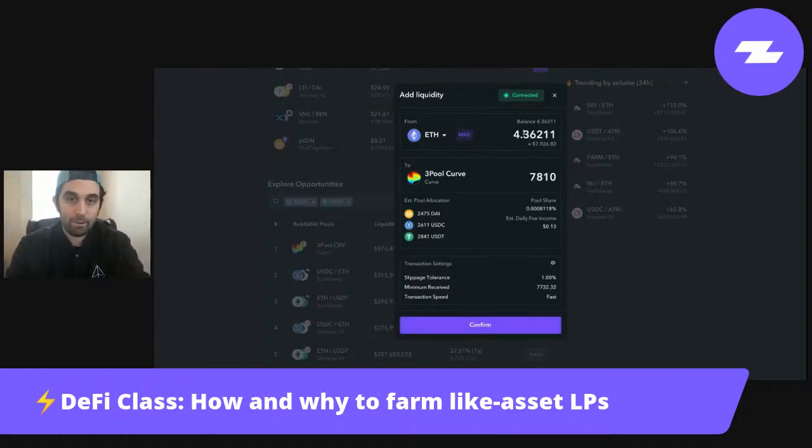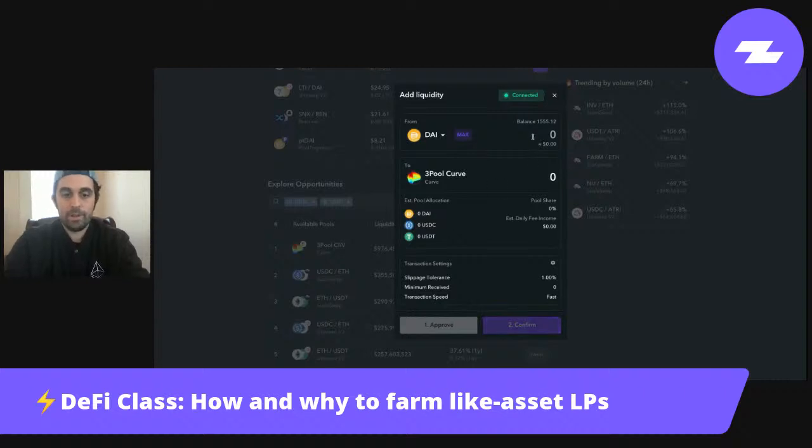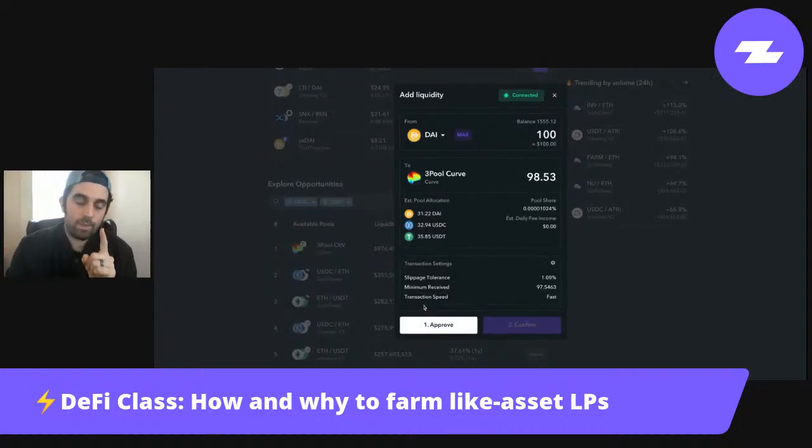So I could put in Ether, or I could choose DAI and put in 100 DAI. Once we approve spending my DAI, this Zap will swap my initial DAI for the underlying USDC and Tether that make up the liquidity provision.